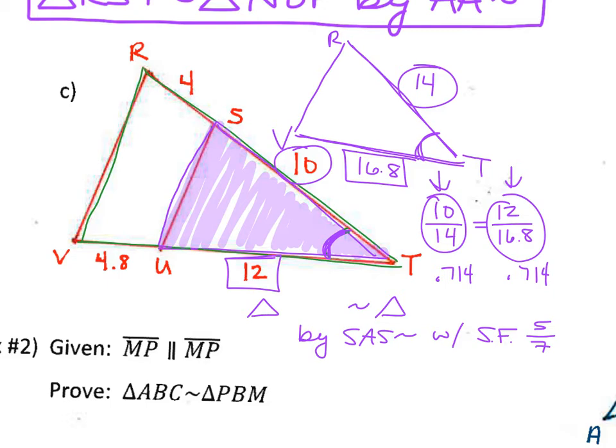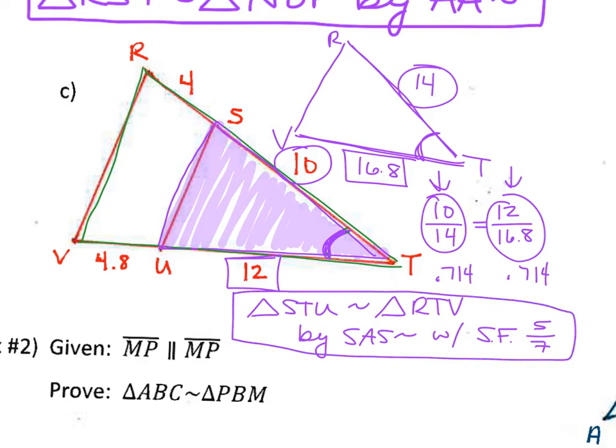So we're going to say triangle STU, similar to triangle what? RTV. Okay, so this would be your statement. Kind of a lot going on in that one. Questions on that?